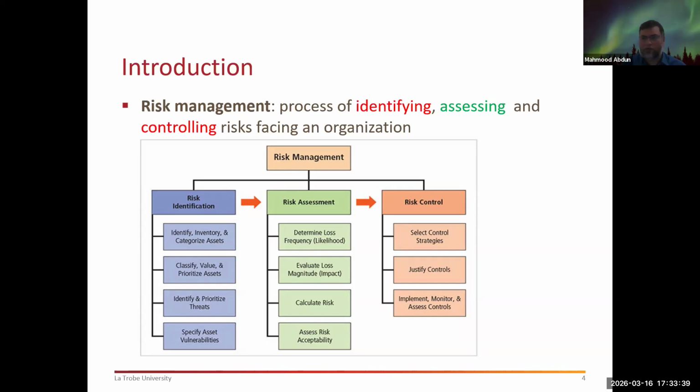We also identify and estimate the impact or the magnitude of the loss. From both of these, we can calculate the risk. And based on this risk, we identify the most important assets and the threats, and then containerize them as one risk.